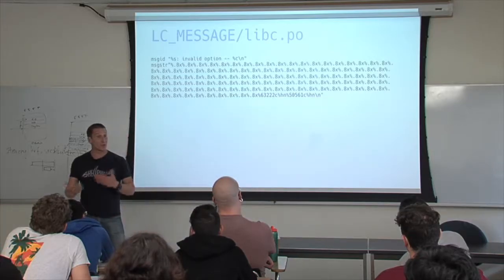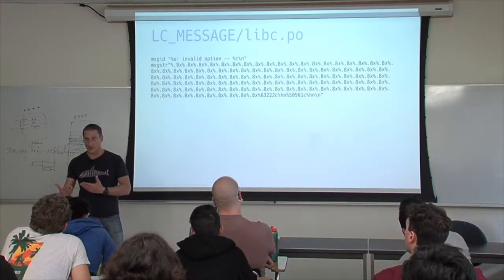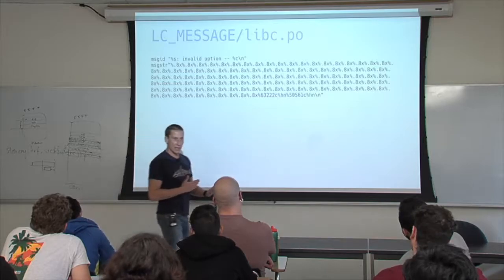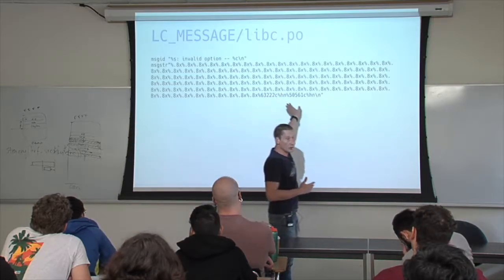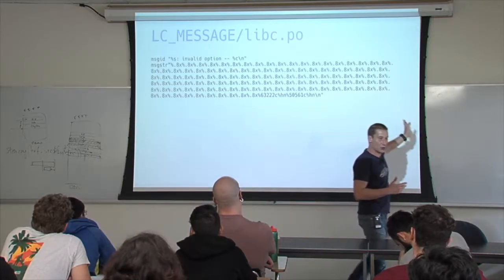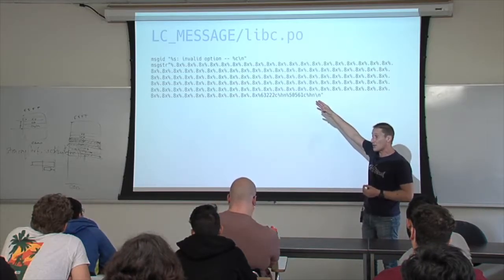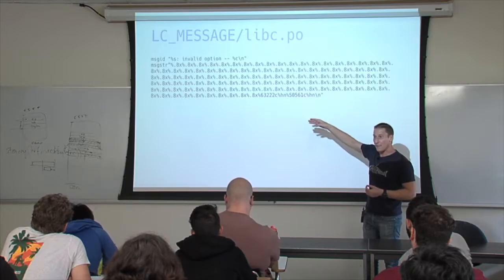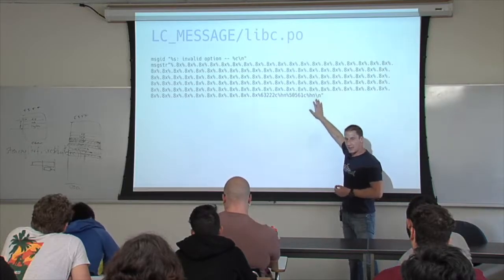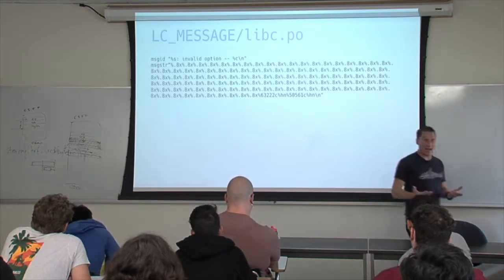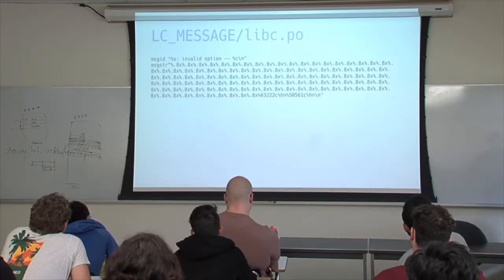So it's a composition of a cool confused deputy attack. It will use a localization message under your control. And since the localization message does the printf, and these are the format strings for all the printfs in the various languages, you can put whatever attack you want as a format string and execute it as root.